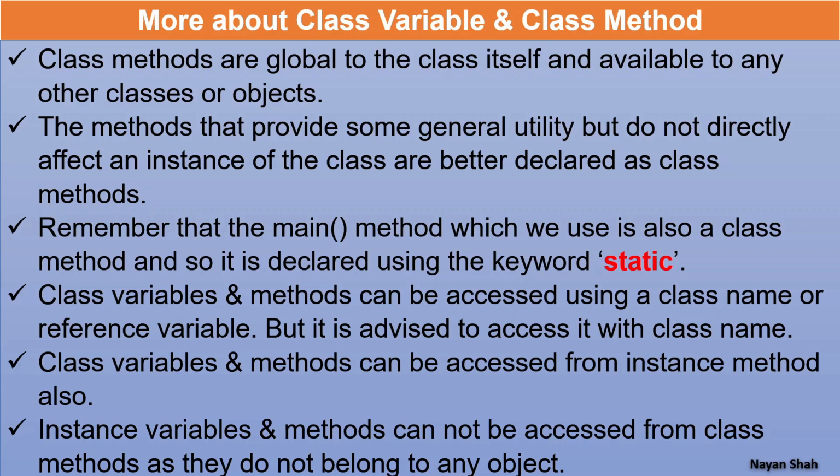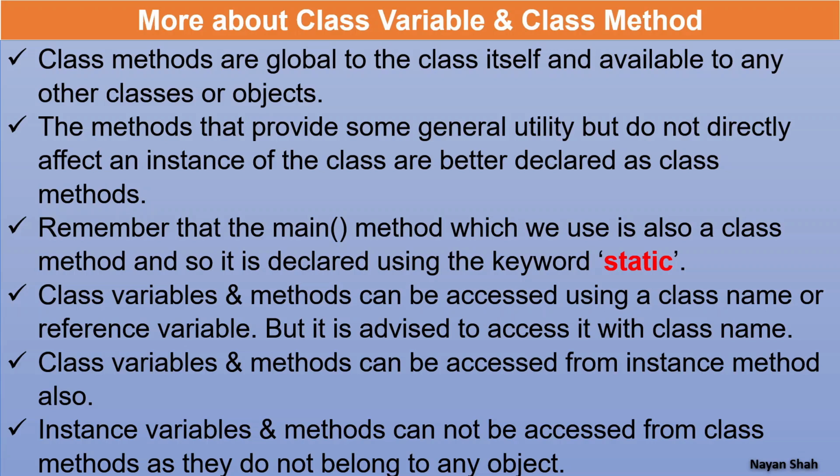Instance variables and instance methods cannot be accessed from class methods as they do not belong to any object. So instance variables and instance methods, that is, normal variables without the static keyword, cannot be accessed from the class. The class variable can be used by a method, but the instance variable cannot be used by the class. The vice versa is not possible.